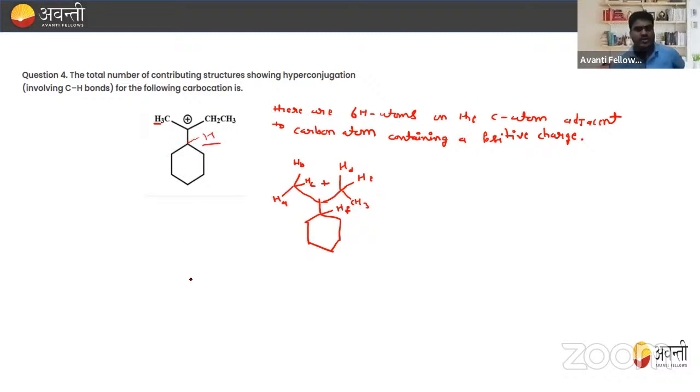The total number of contributing structures showing hyperconjugation involving the CH bond for the following carbocation is 1, 2, 3, 4, 5, and 6. The total is 6, since there are 6 hydrogen atoms on the carbon atoms adjacent to the carbon atom containing the positive charge. I hope this is clear to you.